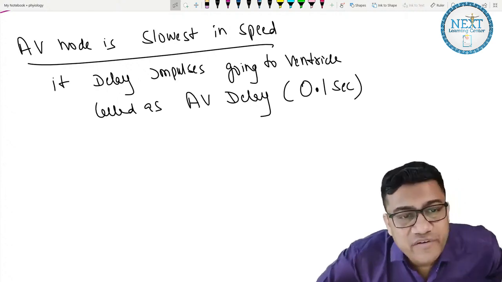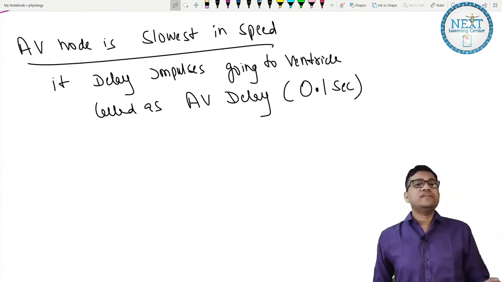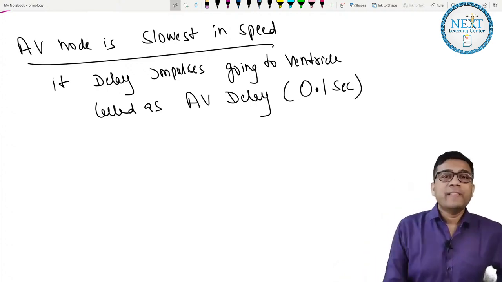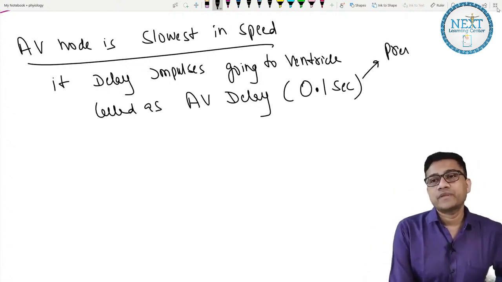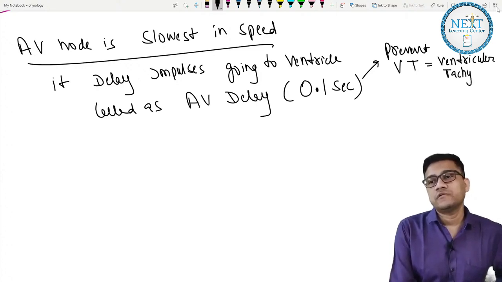So the AV node is very, very important. What are the benefits? One, it prevents ventricular tachyarrhythmia, that is, it prevents VT, ventricular tachycardia, by slowing the impulse.